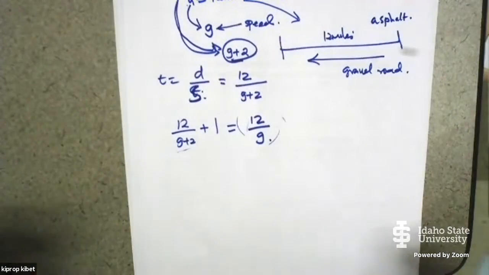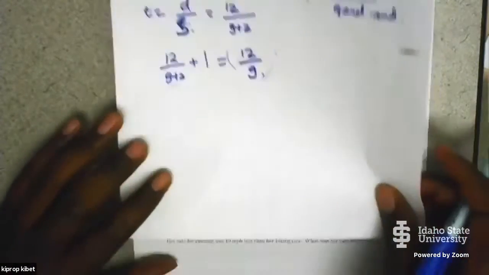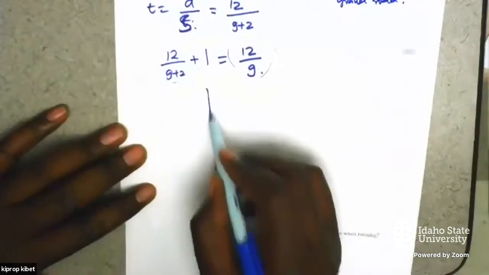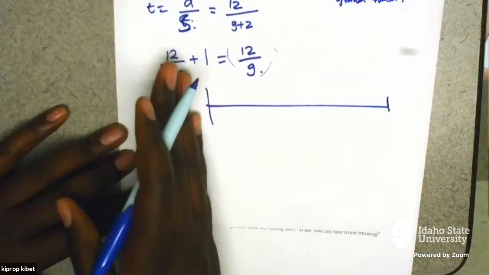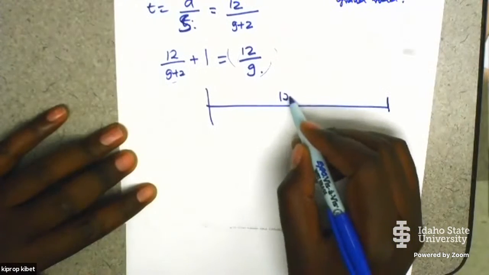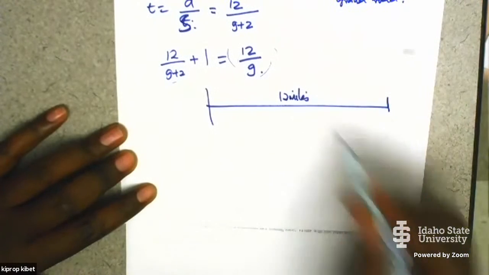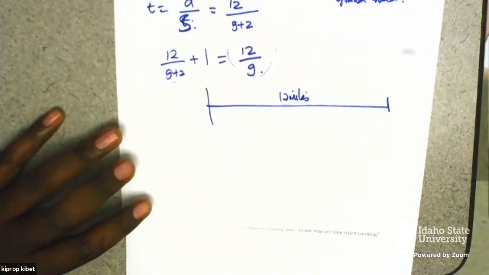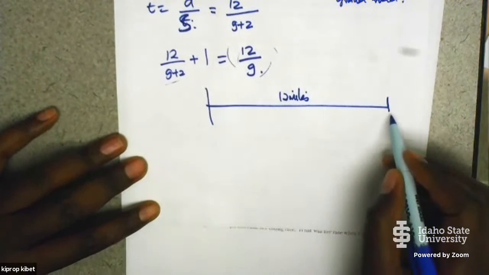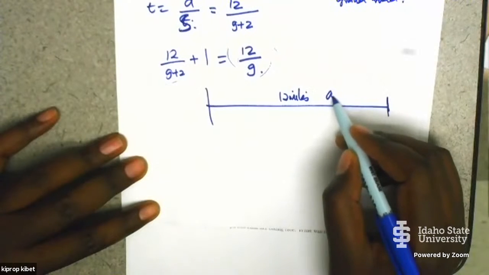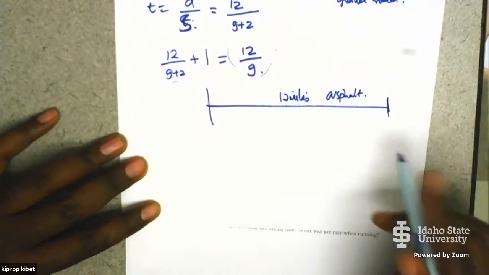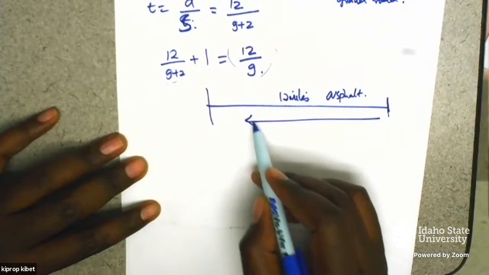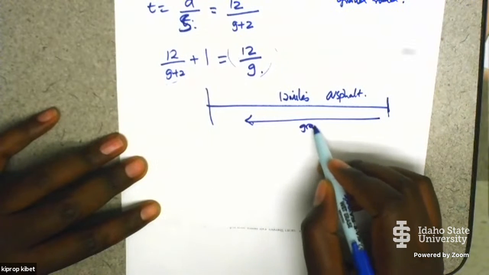So let me explain it again. There is this guy who is going this way, right? From here to here is 12 miles, okay? And then coming back again, and this one is on the asphalt. 12 miles. Again, coming back to where the car is, he uses a gravel road.